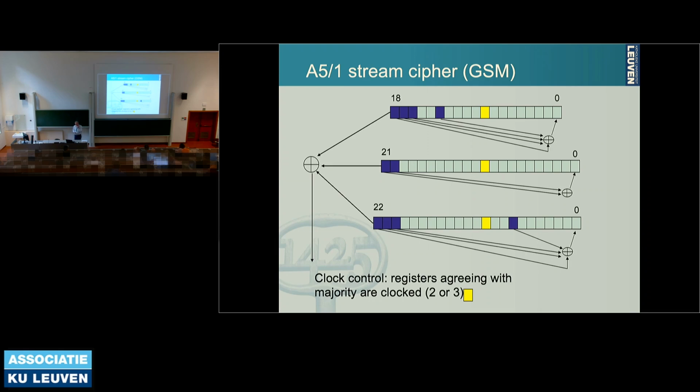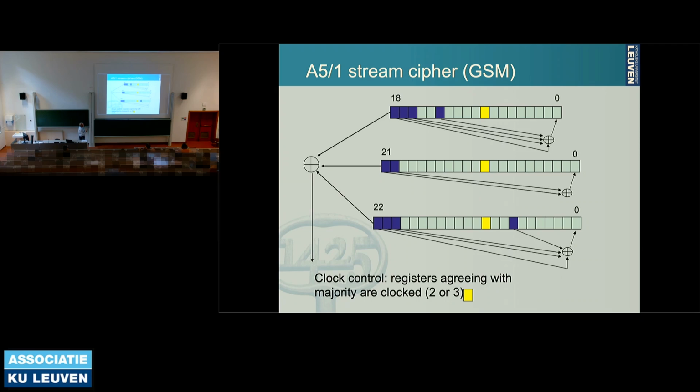It's now, I think, nowhere used anymore, but it was ubiquitous for a while. So it consists of 3 LFSRs, with different lengths. That also follows from the theory that you should have LFSRs of coprime lengths. So it says 18, it actually has length 19, because we start counting from 0. So we have 19, 22, and 23, which are coprime numbers.